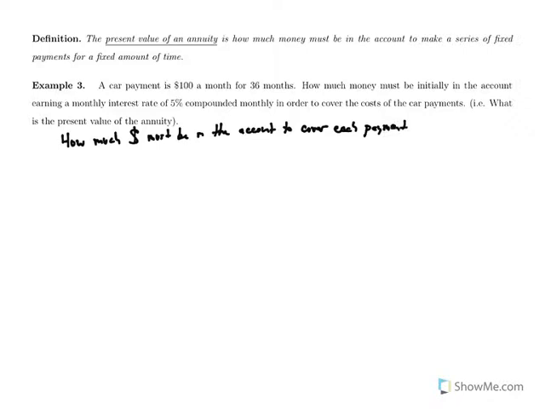We're going to break it up into each payment. Our first payment is $100. Since this happens now, we need $100 there. Since this is at the beginning, there is no interest involved here.